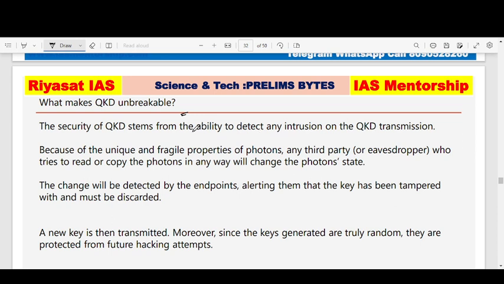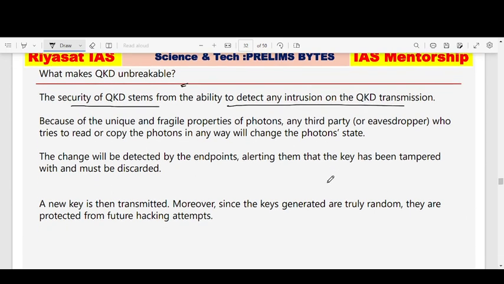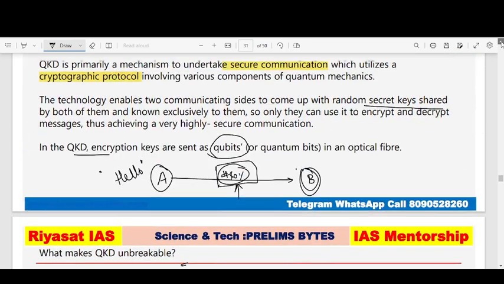That it provides very good protection from a third party, and the security of QKD is very hard and very good, and it has the ability to detect any intrusion on the transmission. Clear? Basically, this is the important thing you need to know. So this is everything about your QKD.